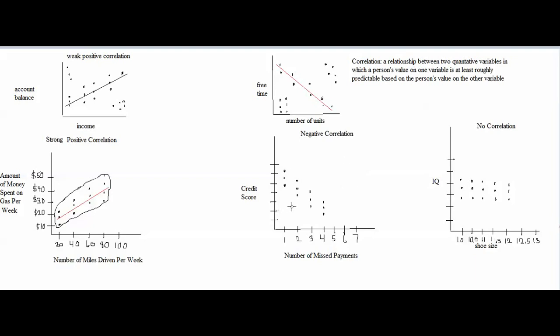So compared to up here, we're not going to have very many people in these corner areas. The people are going to be more closely following this line that drops from left to right, which means it'll be a stronger negative correlation. So I think this would be a strong negative correlation.